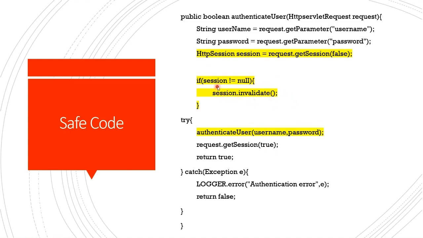Invalidate means they need to clear the session, and then they create a new session. If they add this line of code, this vulnerability is fixed. Then they authenticate the user, the new session is created, and after that they can process the application. By using this, you can prevent the attack.